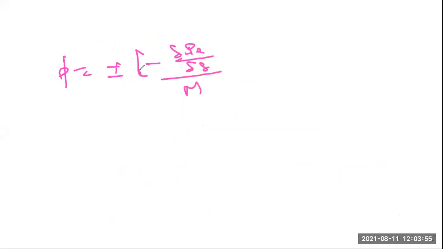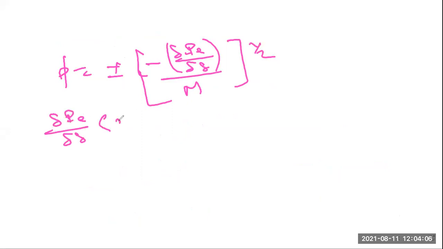The reason is, you have these roots, P equal to plus minus square root of delta P by delta delta by M. Now let us say this delta P by delta delta is negative.